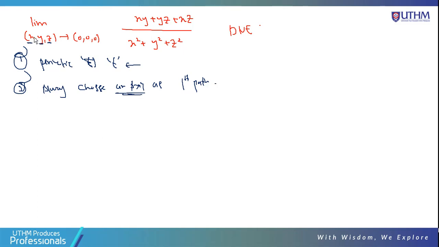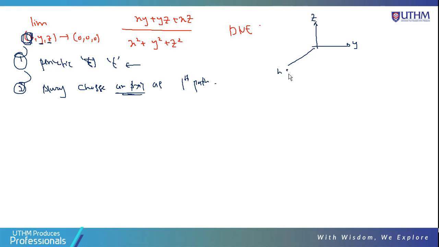On the x axis, that means y and z equal 0. Here this one is z, this one is y, this one is x.